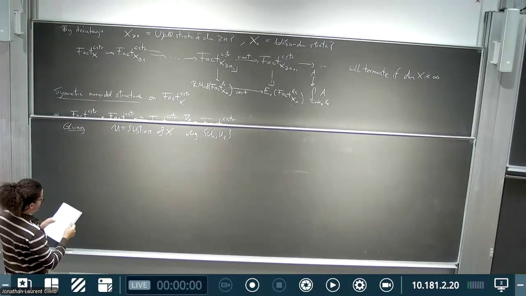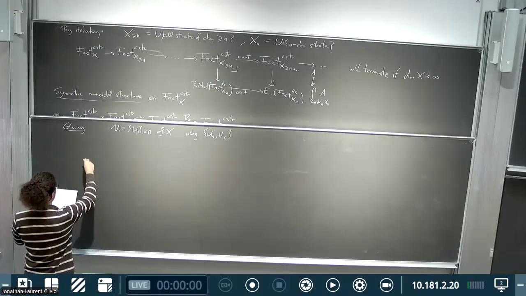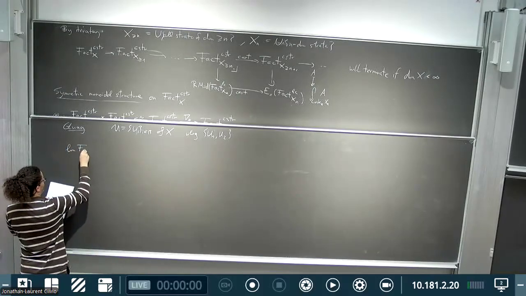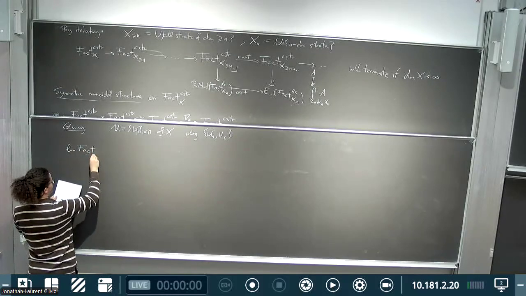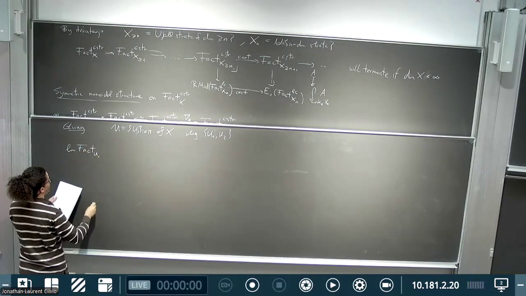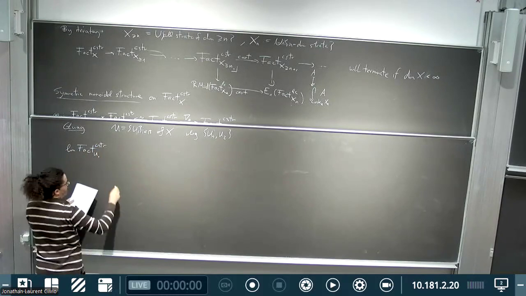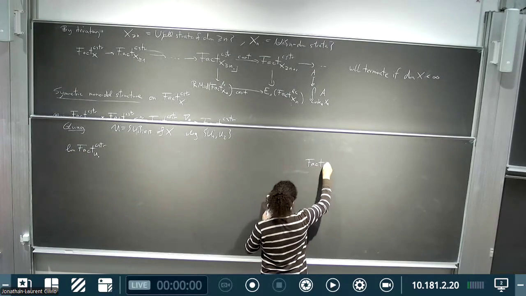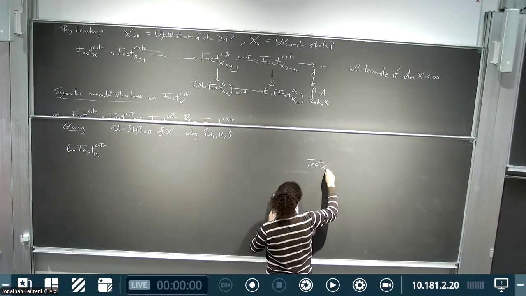Okay. So what do we have to compare? On the one side, we have to take the limit of factorization algebras on these U's. And then at the very other side, we would like to say that this is the same as factorization algebras on X.